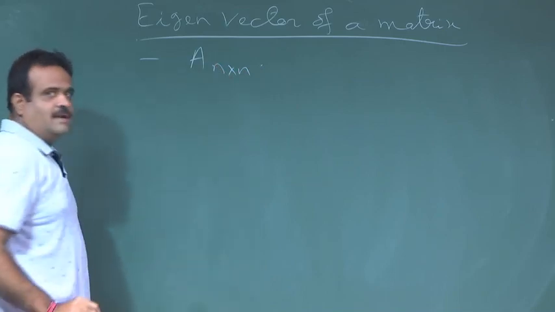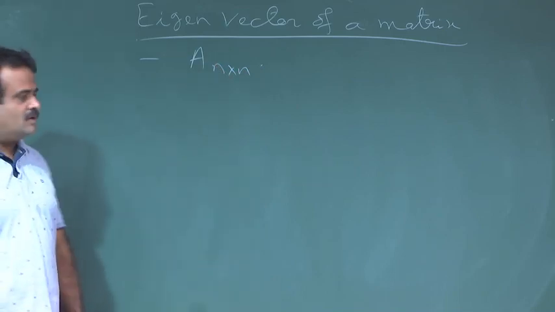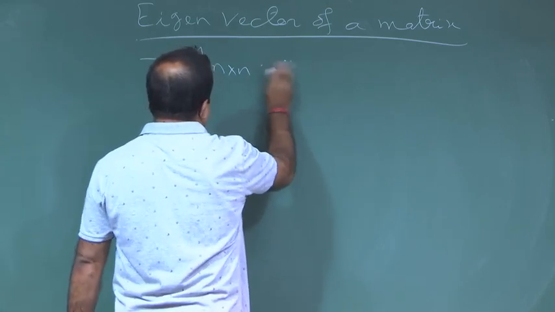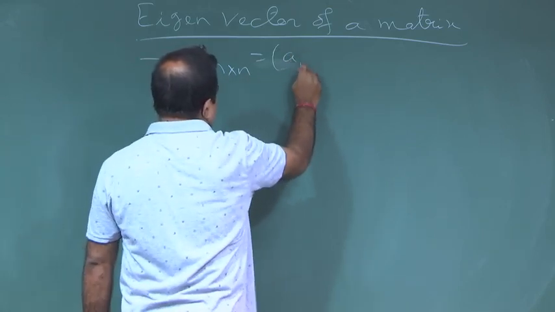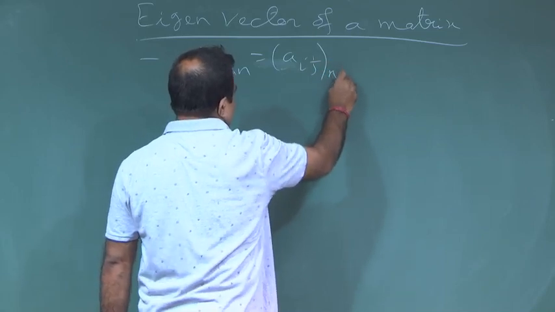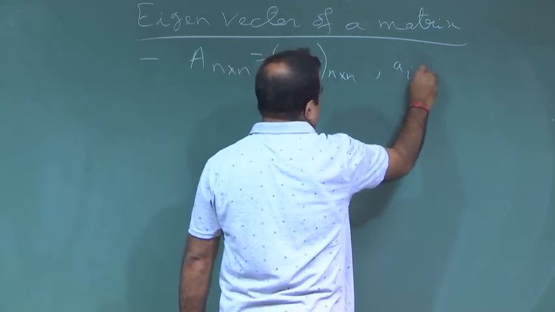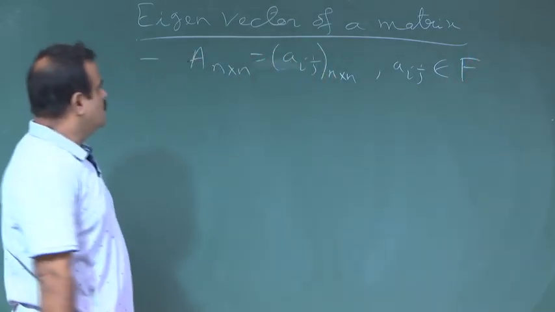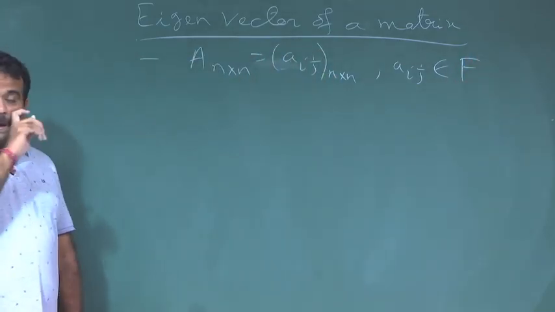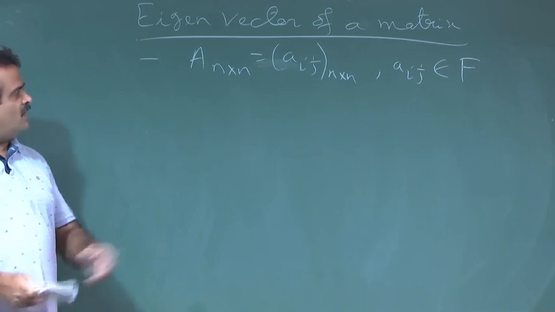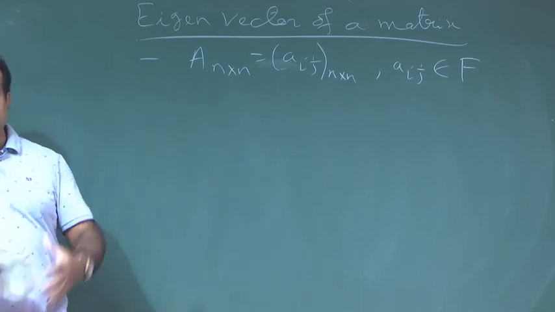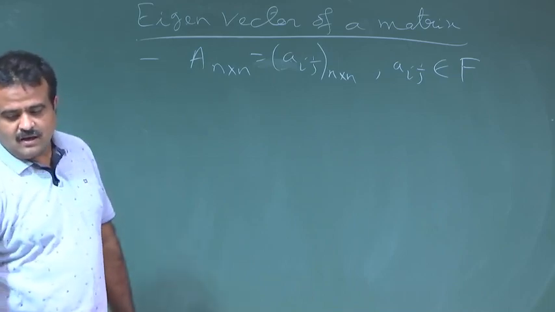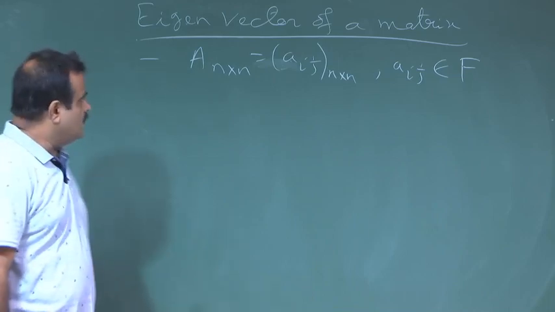This matrix is over a field, meaning the elements A_ij come from the field under the two operations, plus and times. This field could be the real field or the complex field, but in general this is a field.